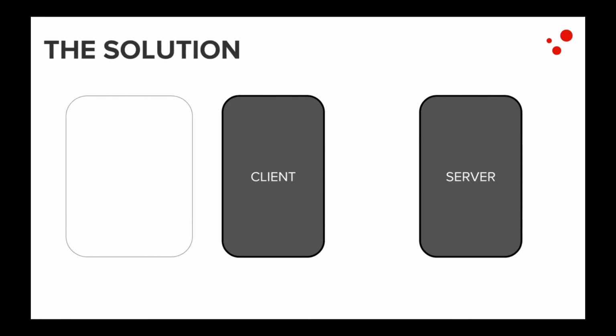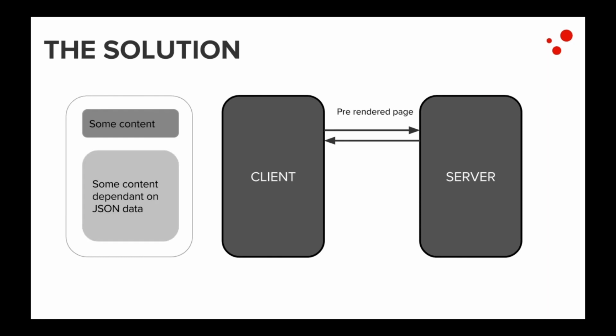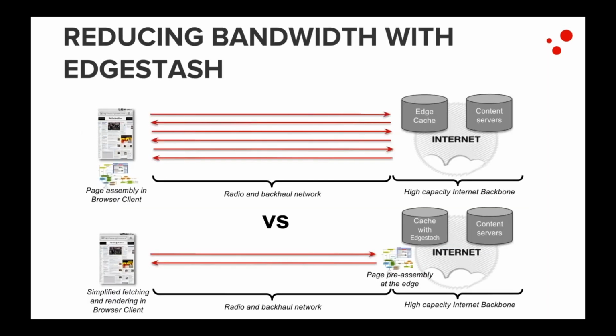Well, if you do implement Edgestash, in the same exact scenario, the client will have to send a request to the web server for a pre-rendered page, and the content will be rendered to the final user. So without Edgestash, we need way more round trips and way more bandwidth before the user is able to check the web page he or she has requested.